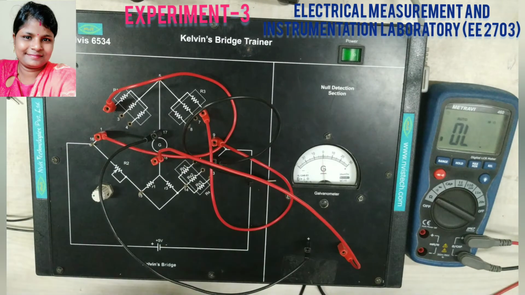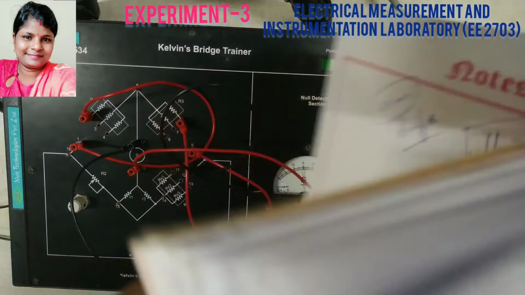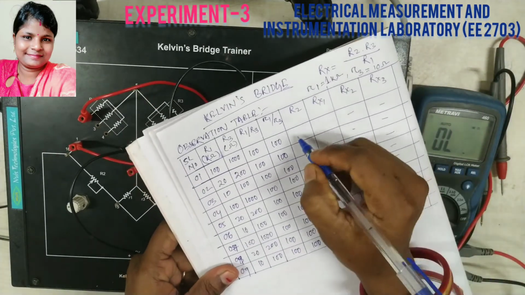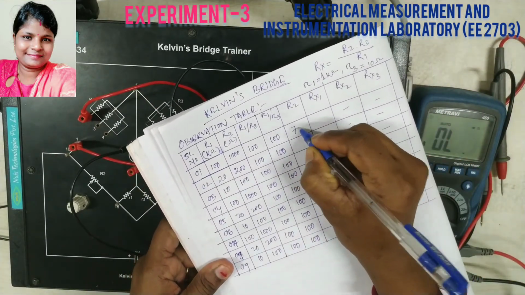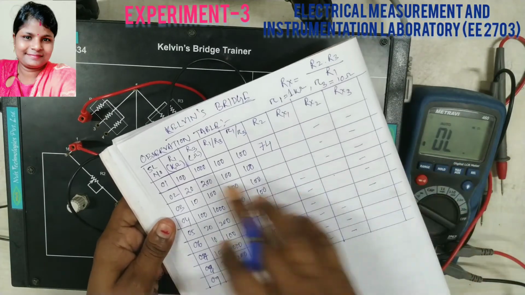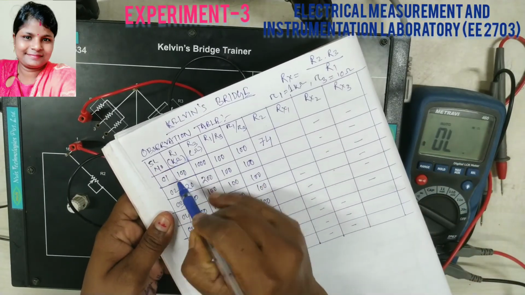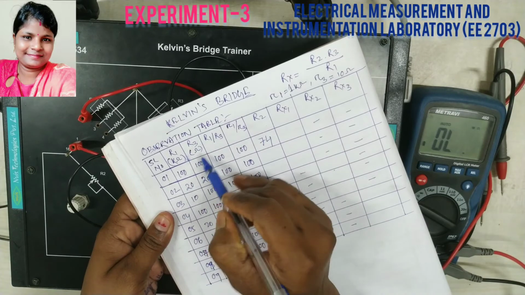So write here R2 74. This is the observation table where R1 is constant 100, R3 is 1000.